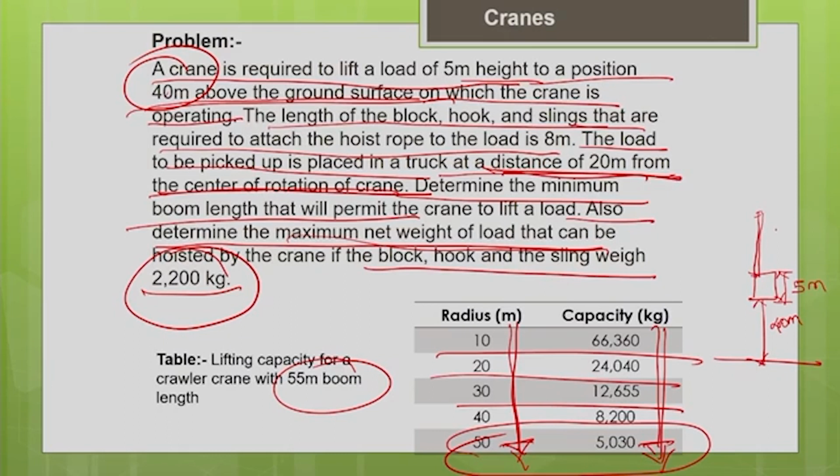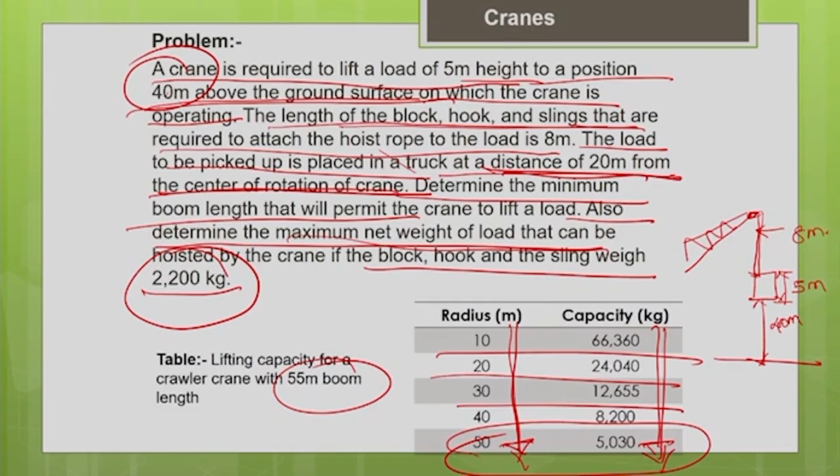The height is given as the length of the block, hook and slings that are required to attach the hoist rope to the boom. You have the crane boom here to which it is attached. The height of this is given as 8 meters.